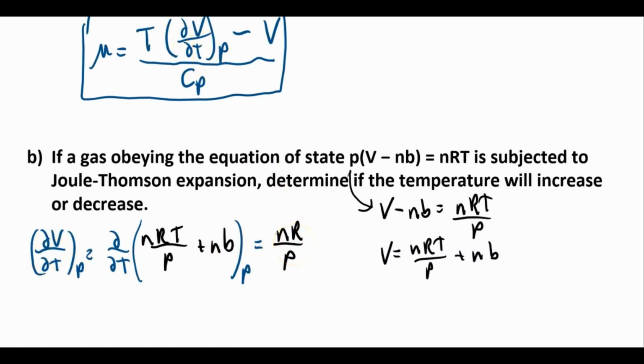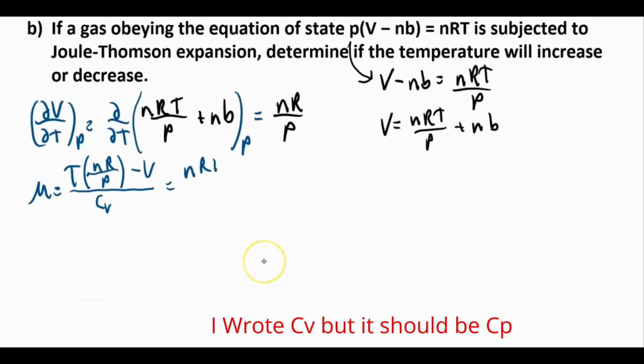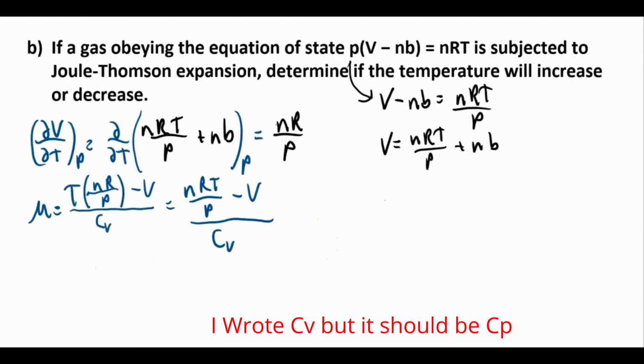And we can plug that into our equation for our Joule-Thomson expansion coefficient. So temperature times nR over P minus V over CP. Okay, so that's nRT over P minus V over CP.